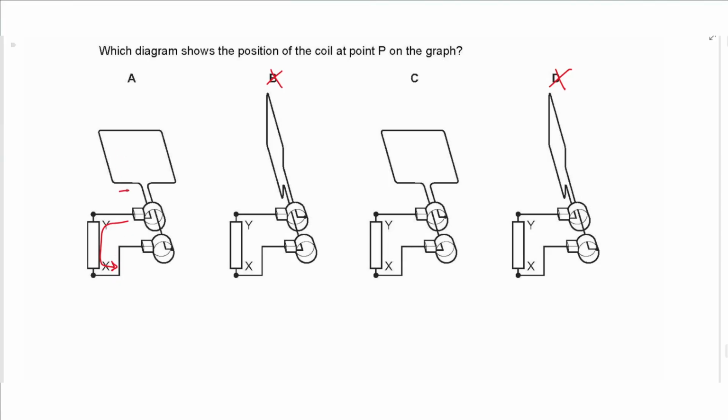So the current should be coming from this point, moving in this direction in the coil. Or for C, it should be coming from this point. So the current should be going in this direction in the coil to go from Y to X. But in the original diagram, we have the north and south poles like this.